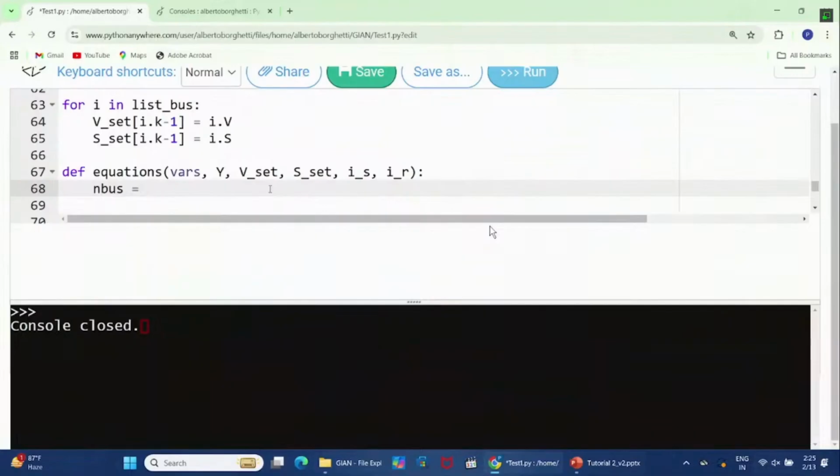So I will put len. Len is the length, how many components are in vars. And I would like to divide by 2. But then Python wants to be sure that n bus is an integer number, because we will use it as an index. If the number of vars is 5, 5 divided by 2 is not an integer.